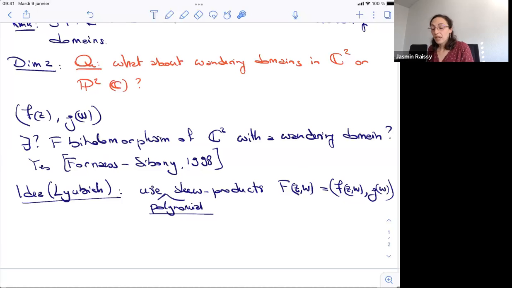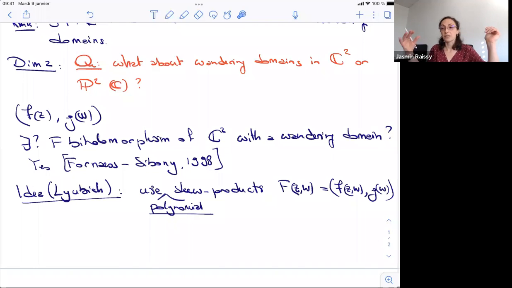And we are always considering polynomials because we want to get back to P2 of C. So we are building a map in C2, but since we have these 2 polynomials with no common factor, we can homogenize them, adding this third coordinate, and go to P2 of C. And any holomorphic endomorphism of P2 can be written as 3 homogeneous polynomials which have no common factors.